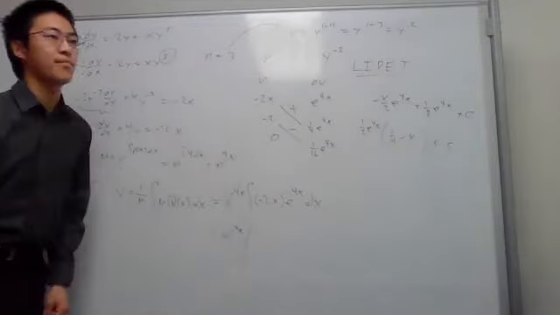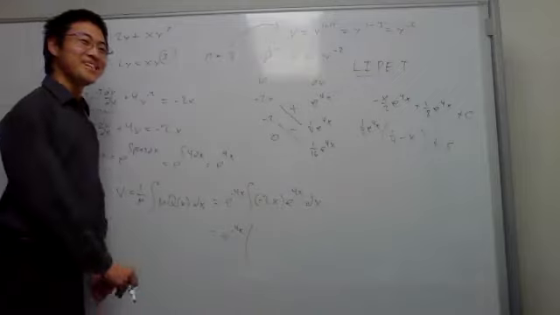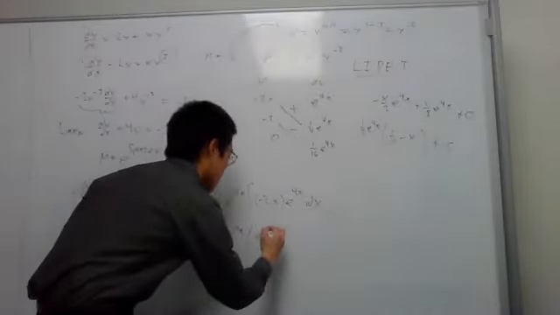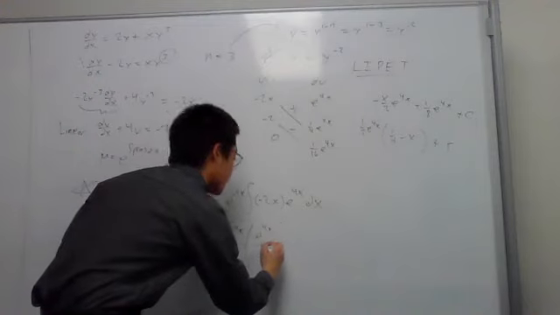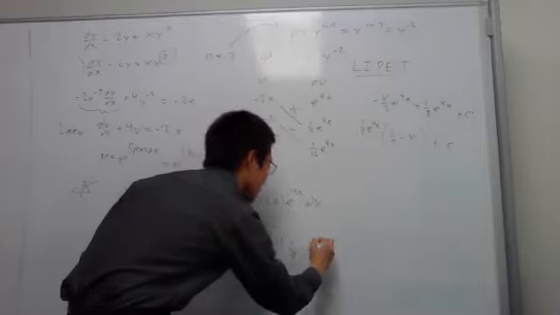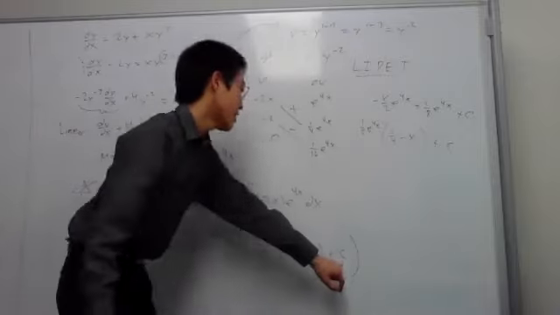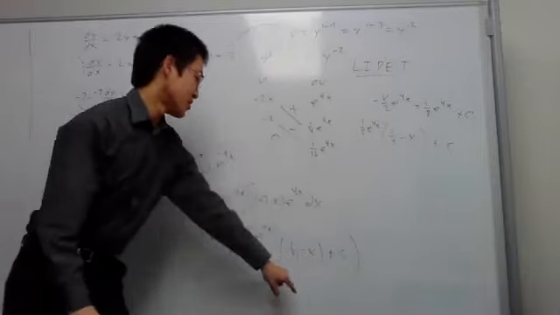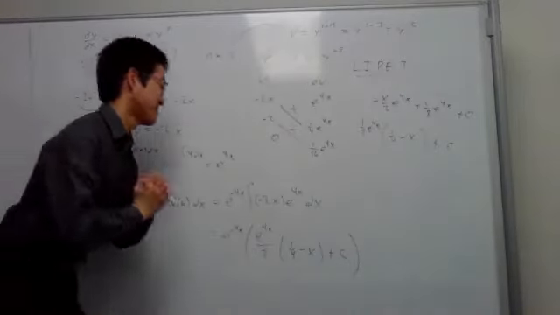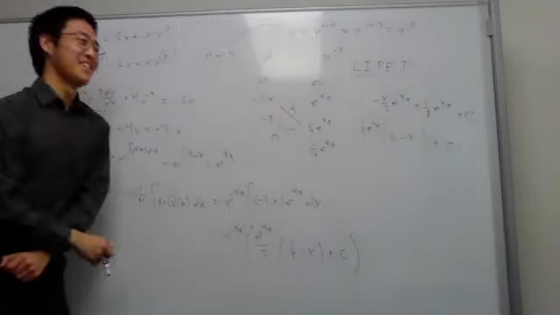Note that I'm going to put this big parentheses here, because if you don't, it's wrong. So we have e to the 4x over 2 to the 4th minus x plus c. Note that the constant is a part of this, so it's inside of the parentheses. Please don't put the c out here.